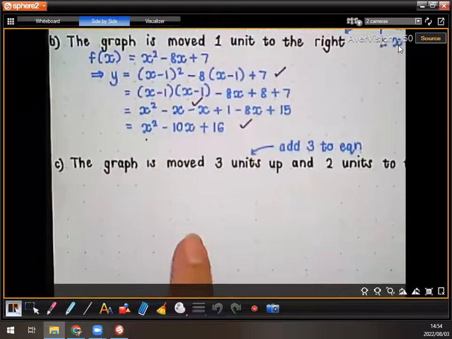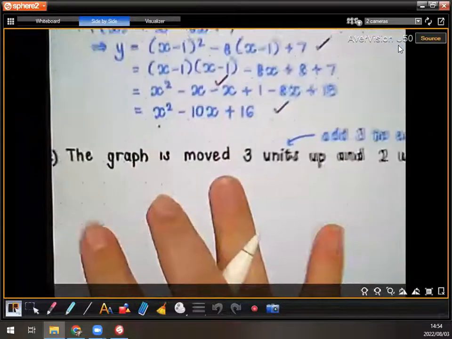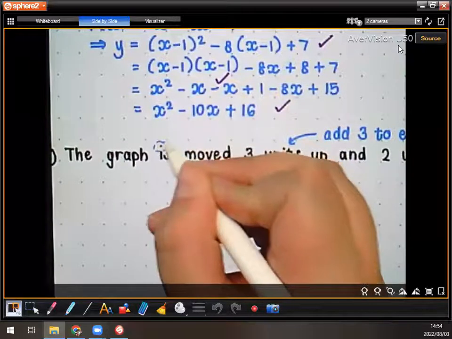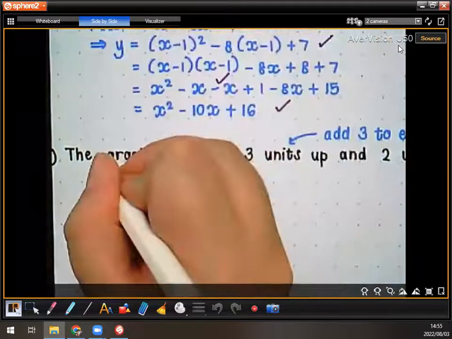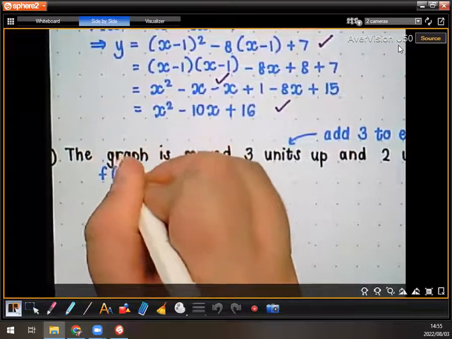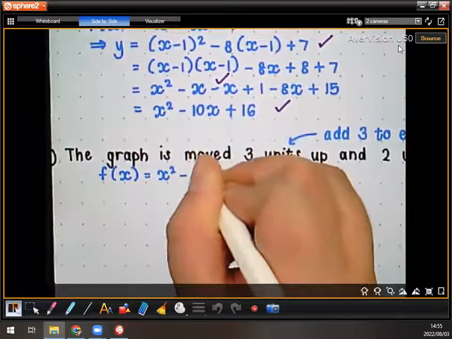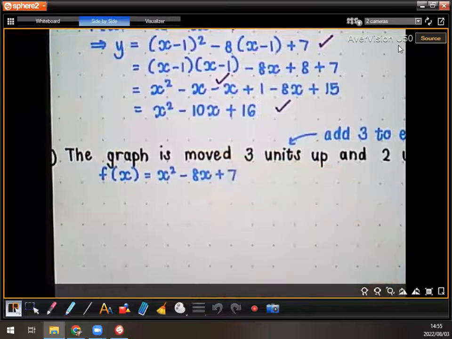So f of x is that same equation, x squared minus 8x plus 7.